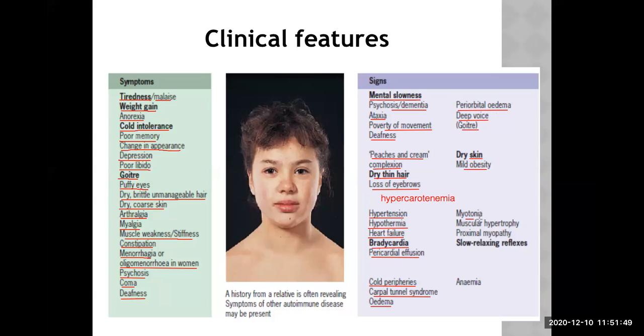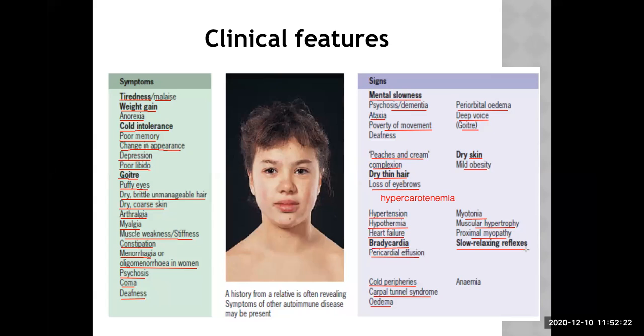There may be myotonia or muscular hypertrophy, proximal myopathy, and one of the very important features is slow relaxing reflexes. So what does that mean? When this type of patient comes to me, I will elicit the deep tendon jerk, especially the ankle jerk, and I will focus all the time on the contraction and relaxation of the calf muscle, that is gastrocnemius and soleus muscle.